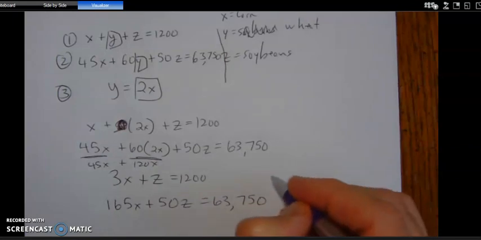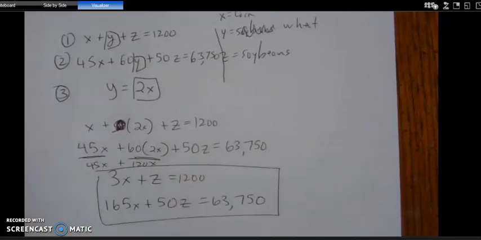All right, so here's my system now. I have reduced the problem to solving 2 equations with 2 variables.